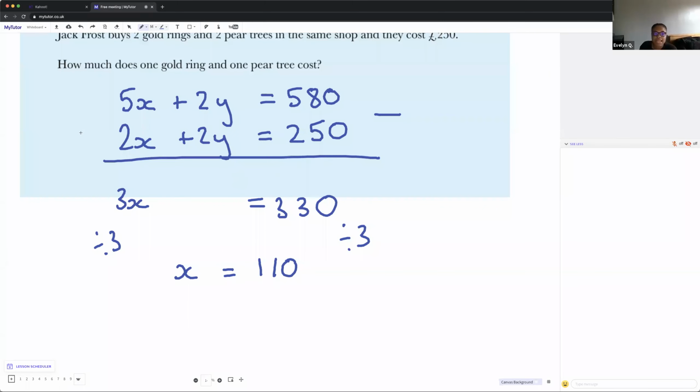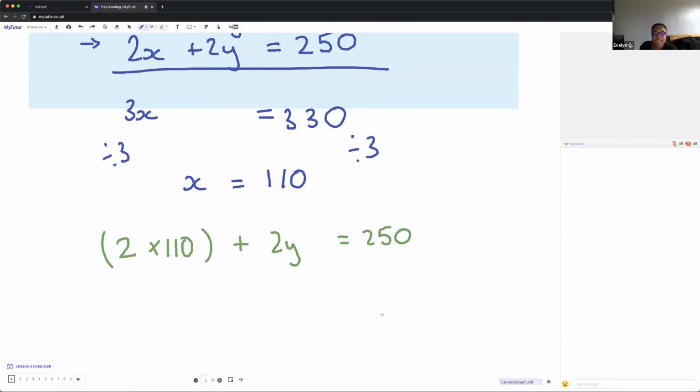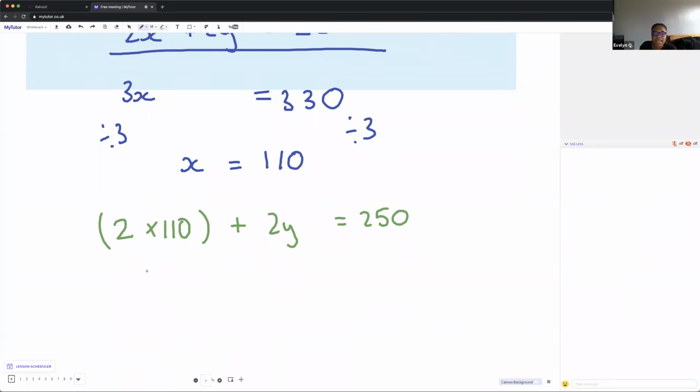So I'm going to take that second equation because it looks a little bit easier than the first one, and I'm going to substitute in my x equals 110 to work out what y is equal to. So I've got 2 times 110, because I've got 2x plus 2y equals 250. And then 2 times 110 is 220, plus 2y equals 250.